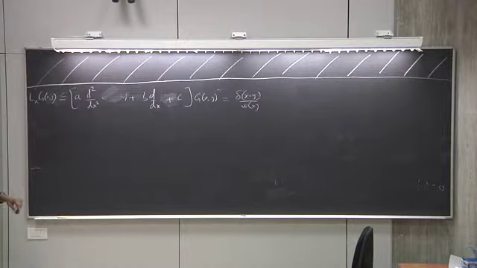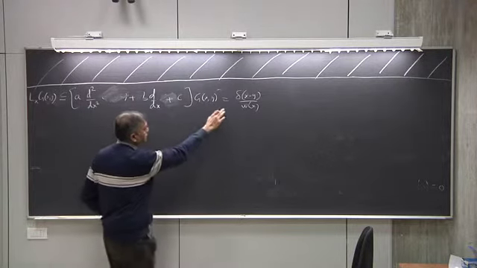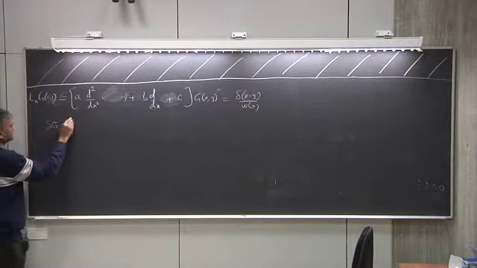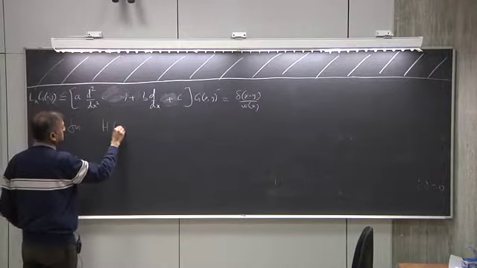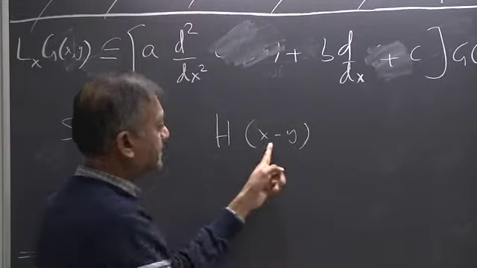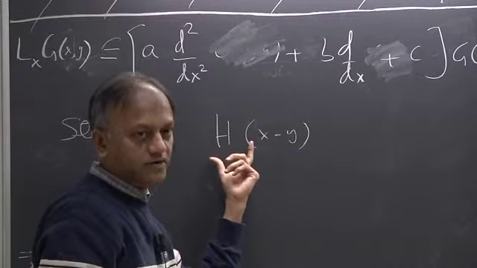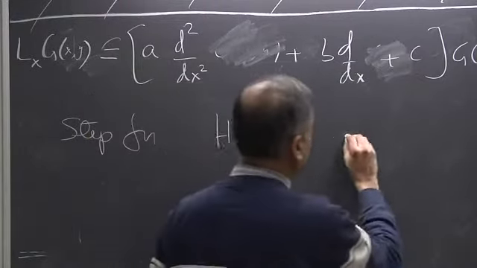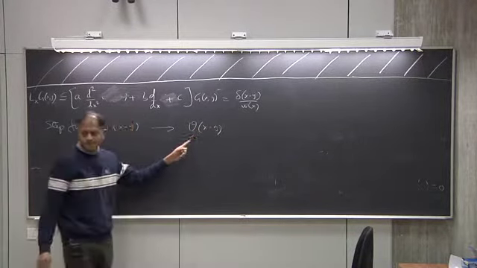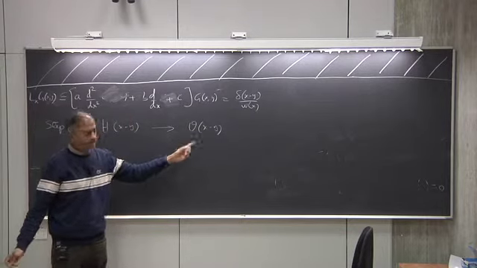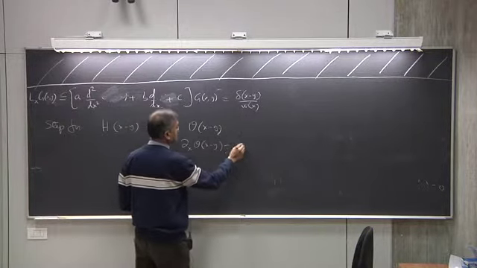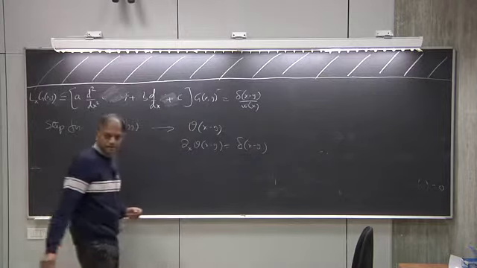Now, remember when we discussed the step function h(x minus y): considered as an ordinary function, its derivative is not defined at x equal to y. Nevertheless, if you think of it as a generalized function, theta(x minus y), then the derivative makes sense, and the derivative dx of theta(x minus y) is really a delta function.